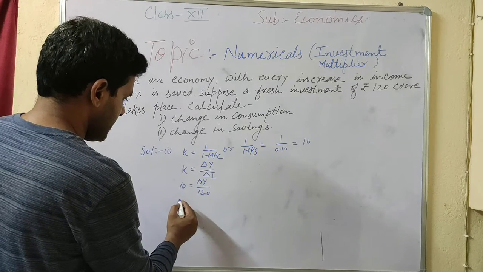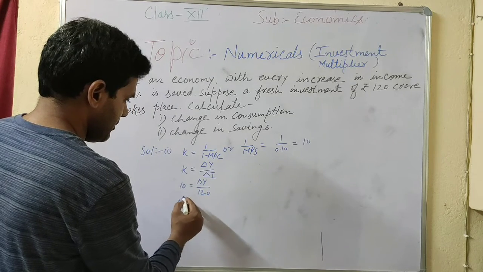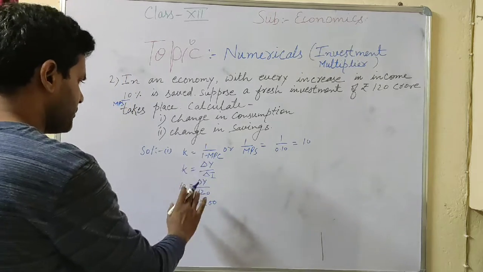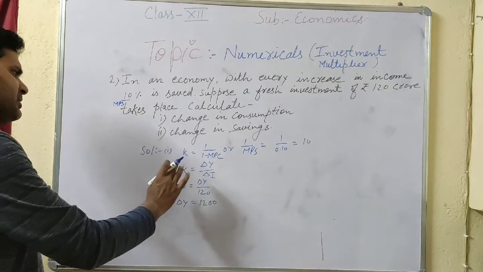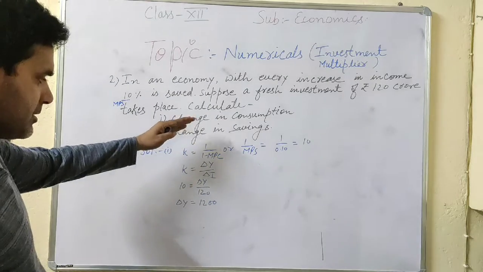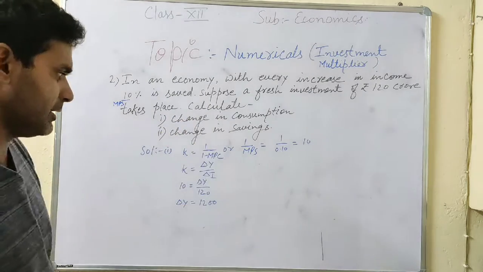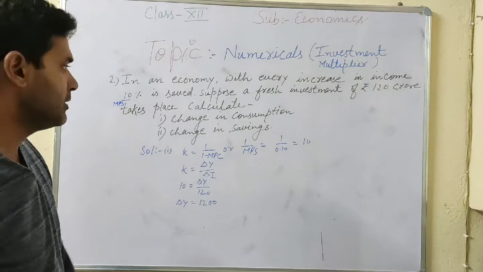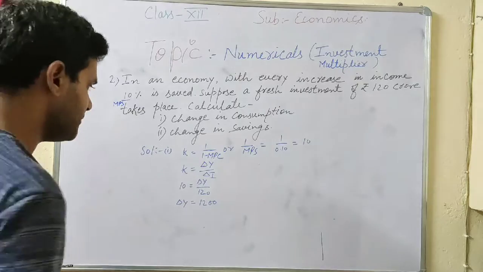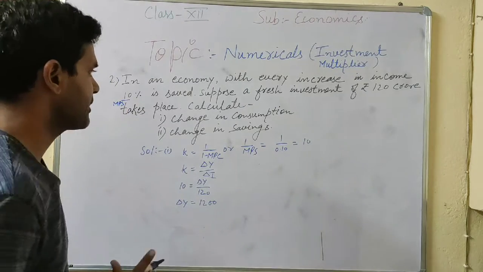This is how we can calculate the change in income, or delta Y. Up to this level, this question seems quite similar. Though in this part we are not supposed to calculate the increase in income, but to calculate the change in consumption.